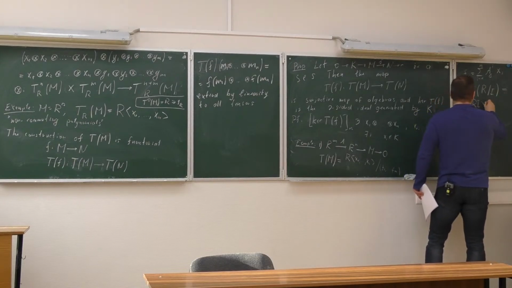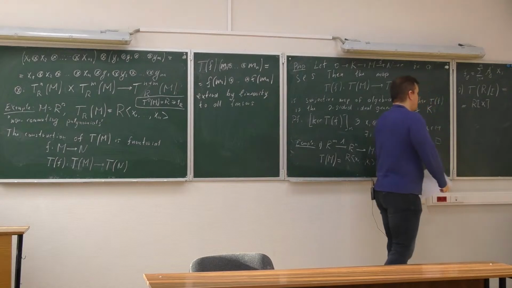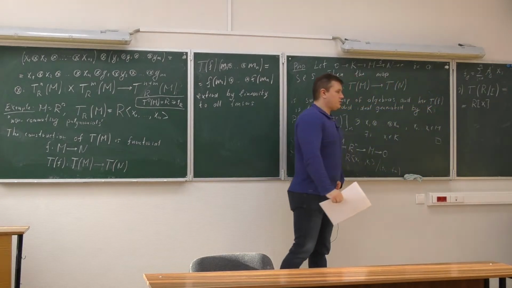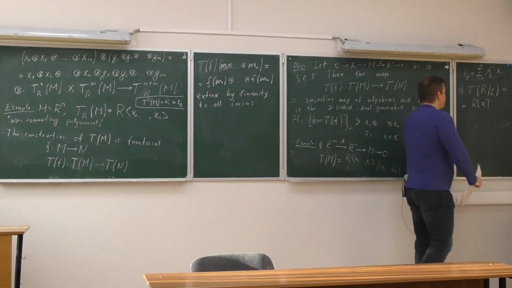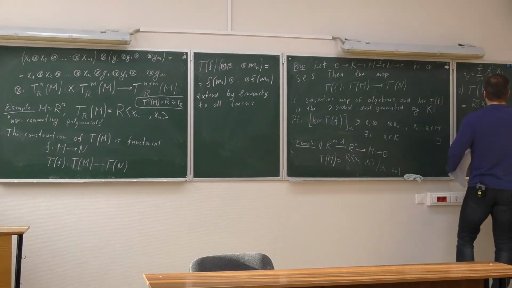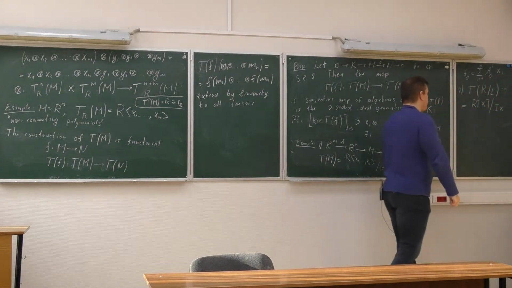If you have only one generator, then commuting or non-commuting polynomials are the same thing. So there is no difference for one variable. So this will be just a polynomial ring in one variable, and then I need to take a quotient by the ideal I times x.